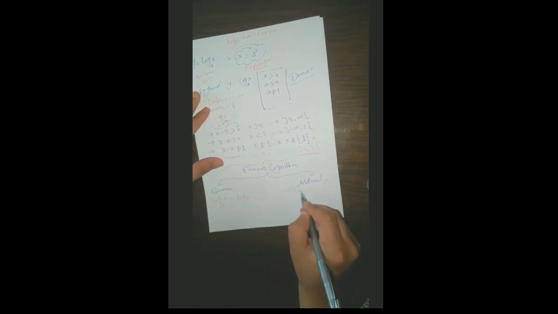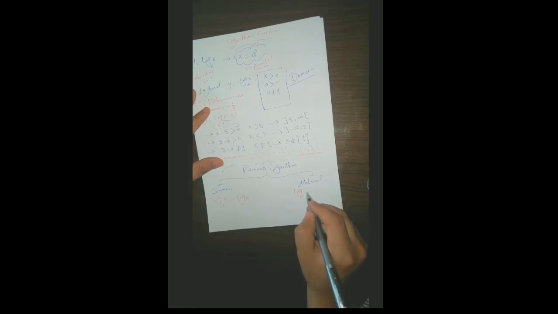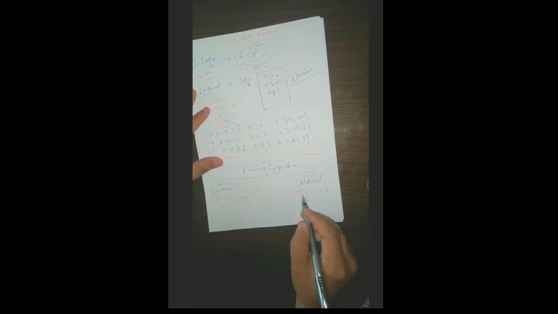Log base e of a is equal to ln a, where e is called Euler's number and is equal to 2.71828.